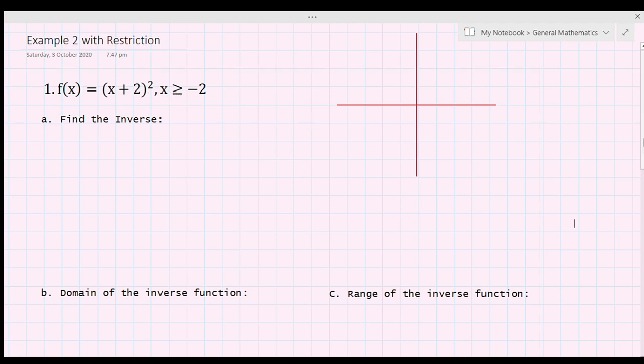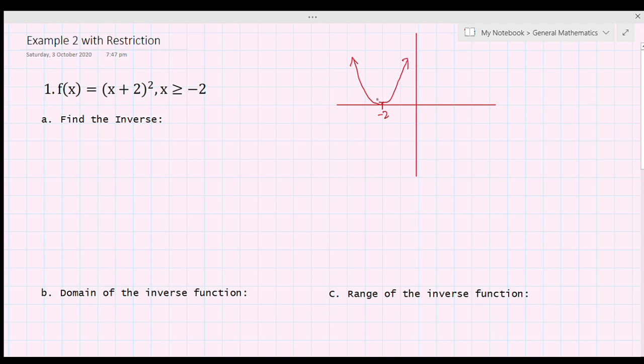Okay, let's try to find kung bakit hindi talaga one-to-one function, because this function will have this graph, the parabola. Dito siya sa x is equal to negative 2, because this one will tell us kung ano ba yung horizontal shifting ng ating parabola.